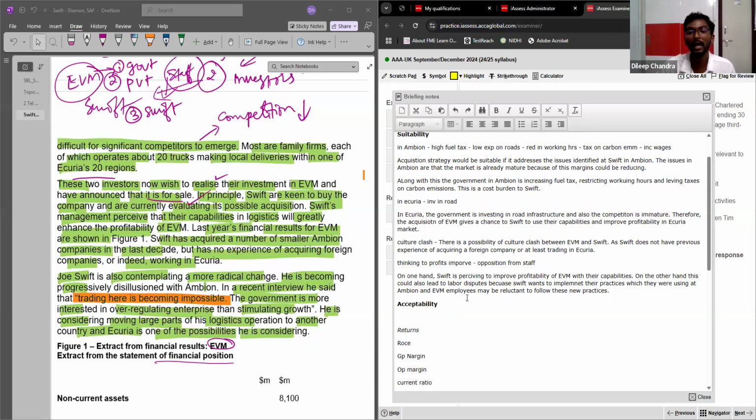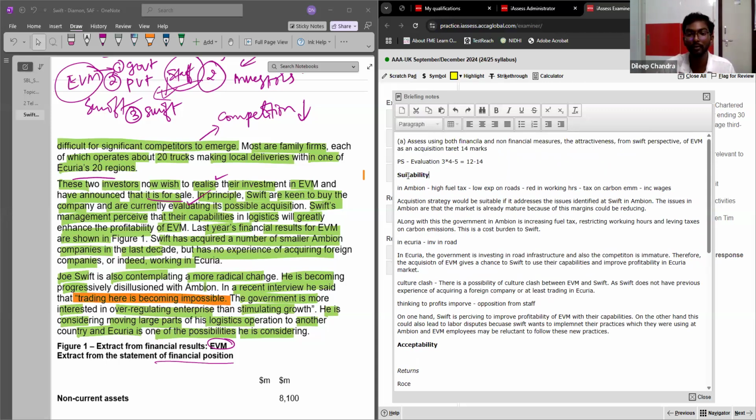Acceptability. How did we start with suitability? We started by saying how the strategy will be suitable. The same thing will start here: when will the strategy be acceptable?